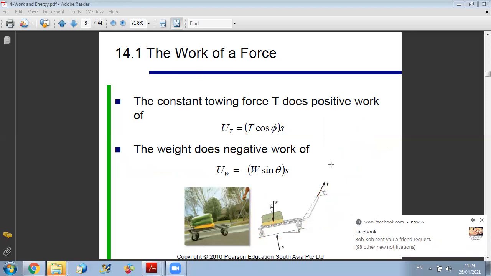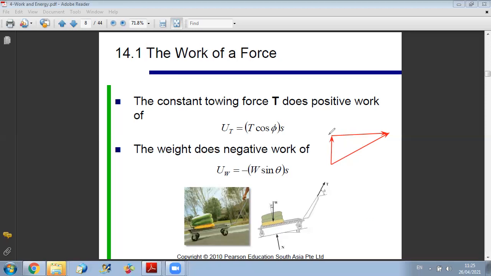This is delta S along the incline. This will be delta Y, the distance moved vertically, and this is delta X, let's say. We know that the angle between the horizontal and the incline is theta.